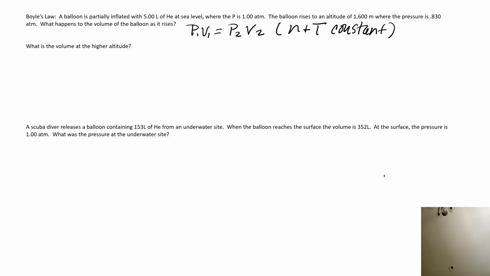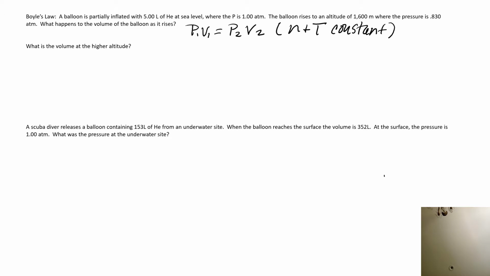So the first question is, a balloon is partially inflated with 5 liters of helium at sea level, where the pressure is 1 atmosphere. The balloon rises to an altitude of 1,600 meters, where the pressure is 0.830 atmospheres. What happens to the volume of the balloon as it rises?